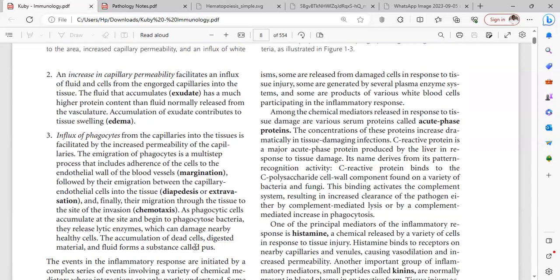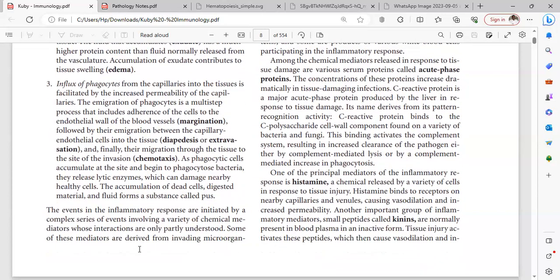So for a recap, we said it is vasodilation, then an increase in capillary permeability, and then the influx of phagocytes from the capillaries into the tissues. This will lead to the process of phagocytosis, and after phagocytosis, the remnant cells will form fluid that leads to pus formation.